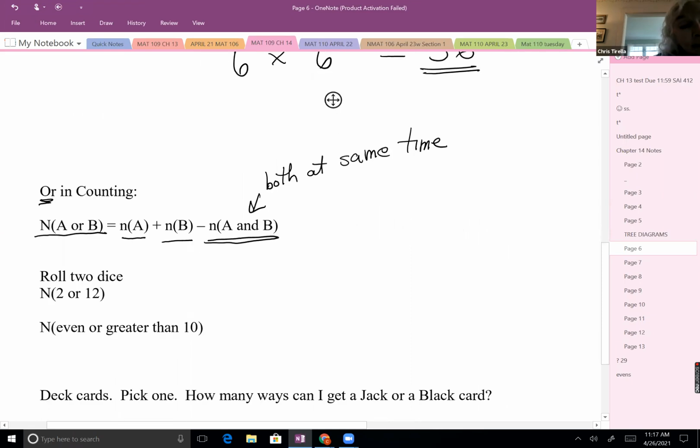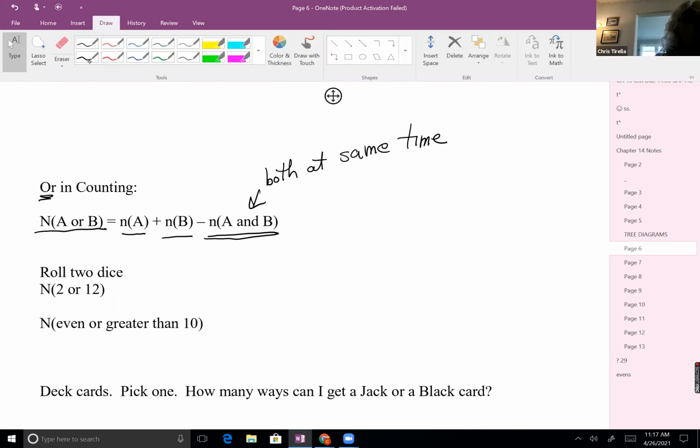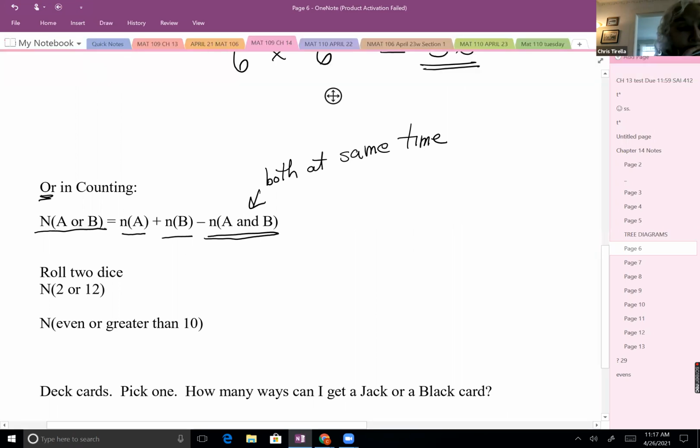And with these, when we've got that N in front, we're asking for the number of ways, how many ways. And so our answers will be counting numbers. Previously, when we looked at some of these, we were asking what's the probability? And our answers were fractions.